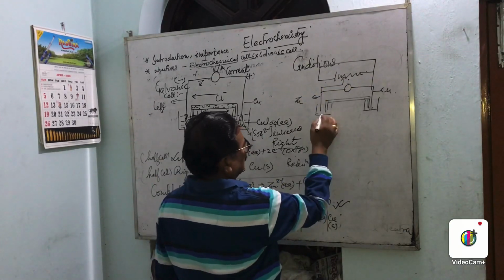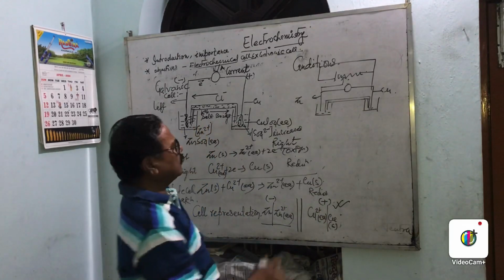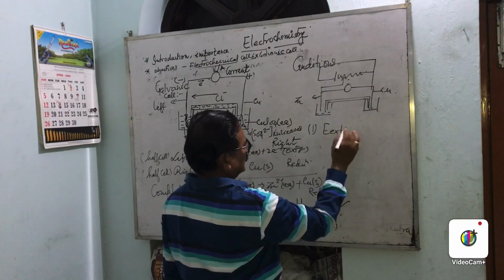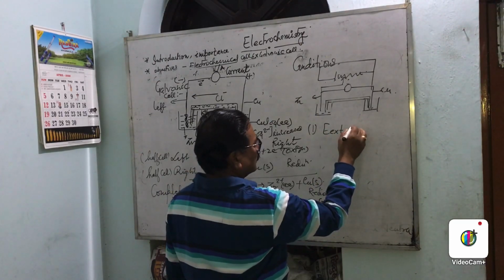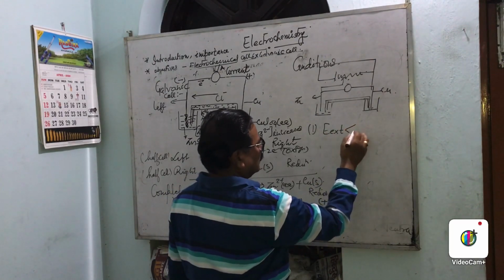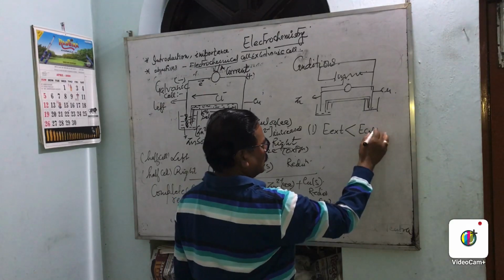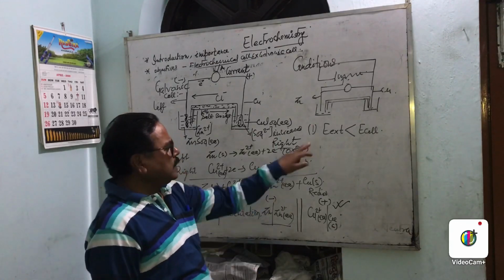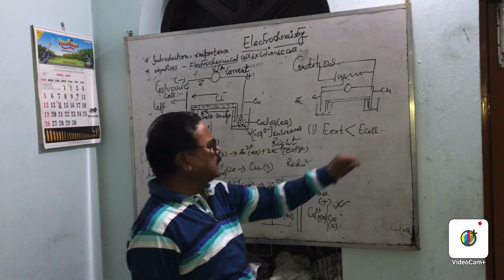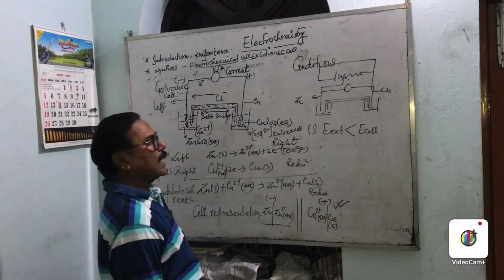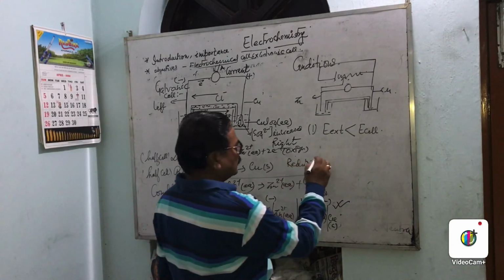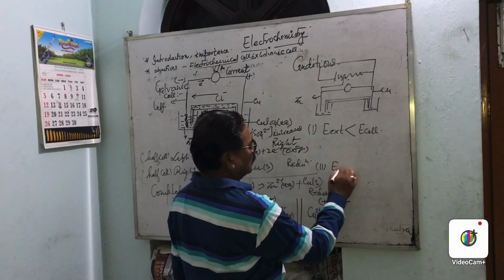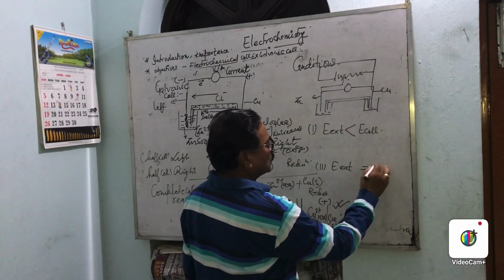All the figures are given in the book. We have the first condition: when E external is less than E cell. Another condition: when E external is equal to E cell.